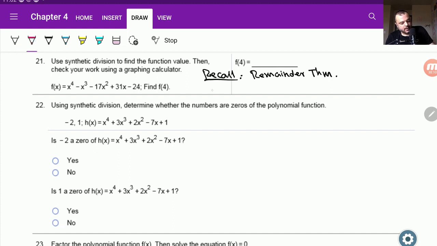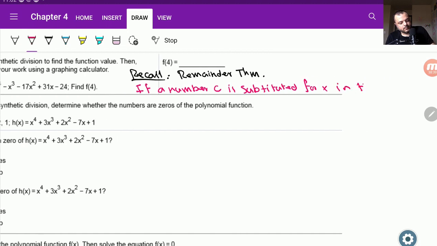It says if a number C is substituted for x in the polynomial f of x, if you plug in C into the function, then the result f of C is the remainder.